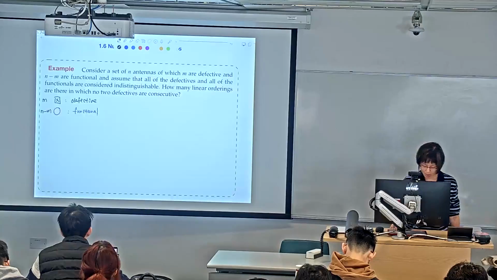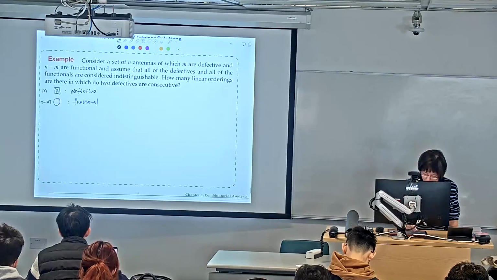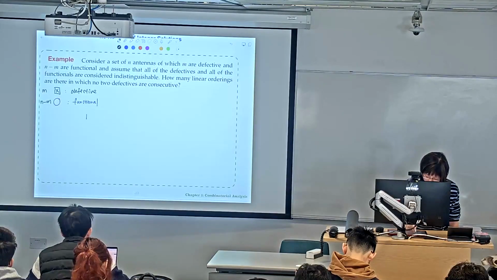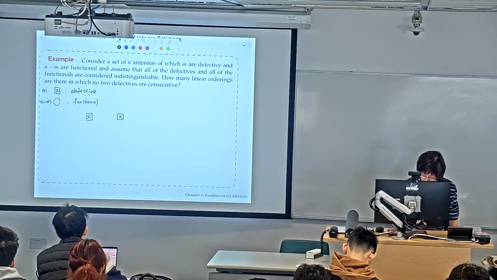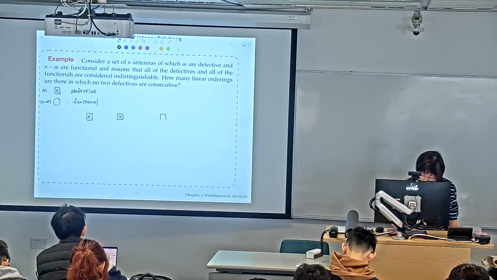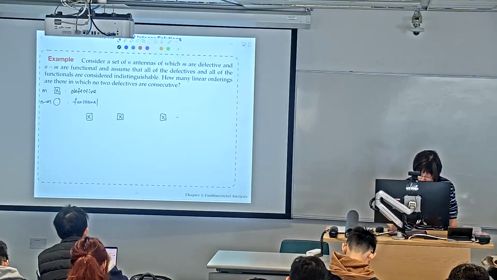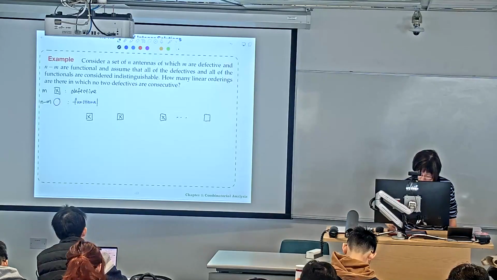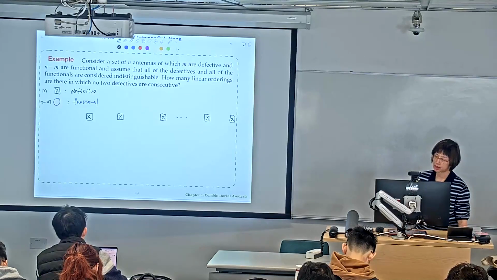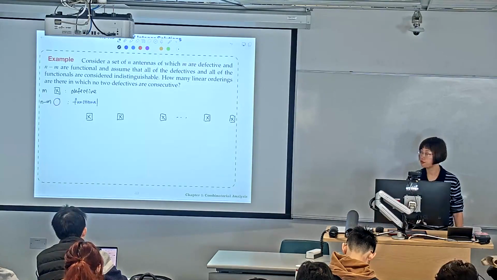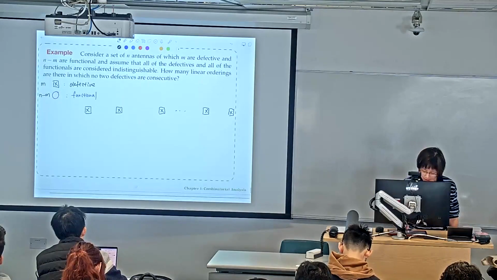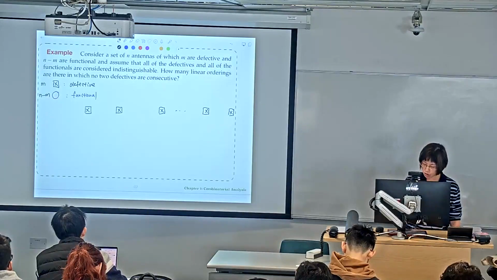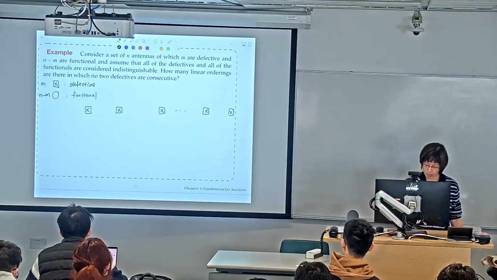So this time we consider placing the defective ones in a line. There is only one way because they are alike. Then we insert the functional ones among these defective ones, such that no two defective ones are next to each other.